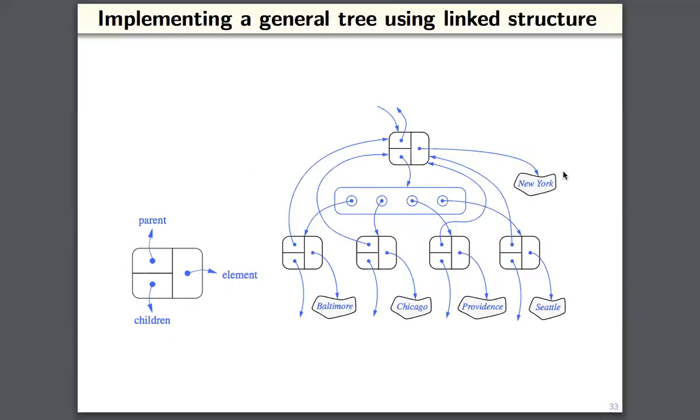Next, we looked at binary trees. Similarly, you can implement a generic tree using a linked structure. You have the parent pointer, the children pointer, and the element. This was common to binary trees also, but in a binary tree we had 2 pointers. Why do we have only 1 pointer here?